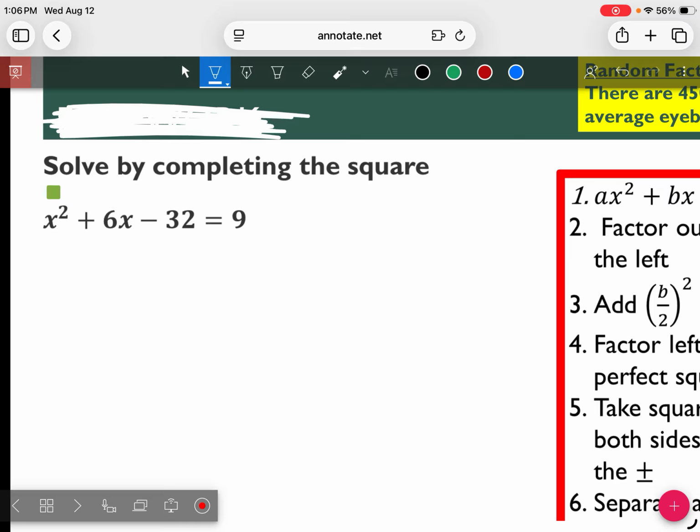Okay. Now remember, when you are doing this method, the only thing that can stay on the left are A and B. I have to move this negative 32. This can't stay. How do I move it over to the right? Add it. So let's do that.